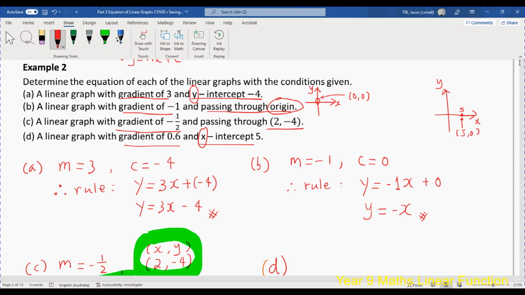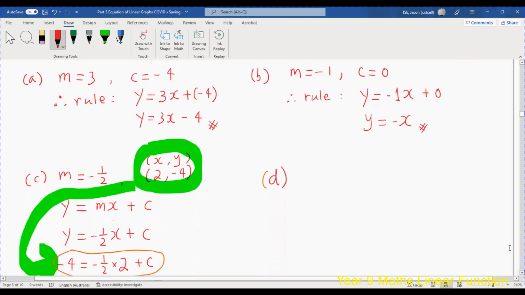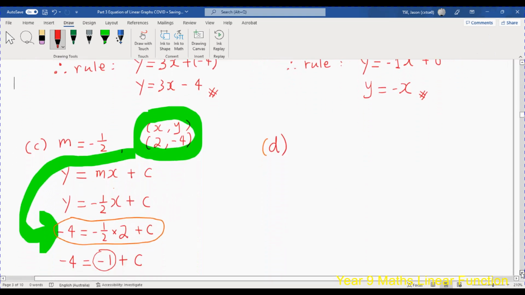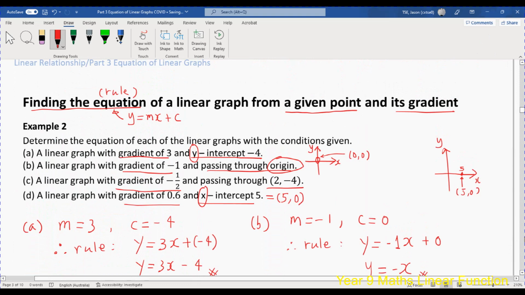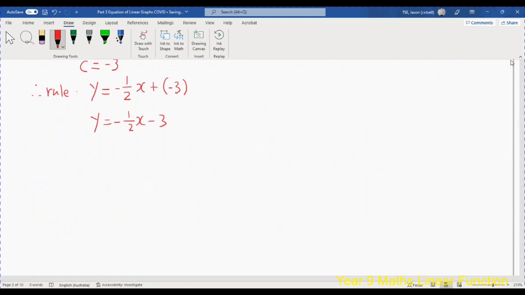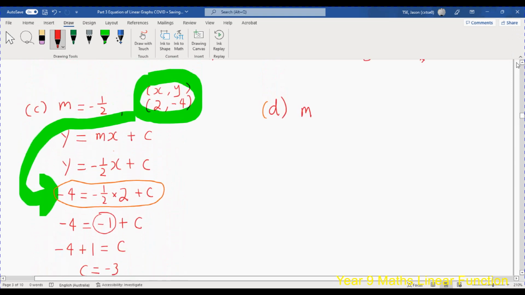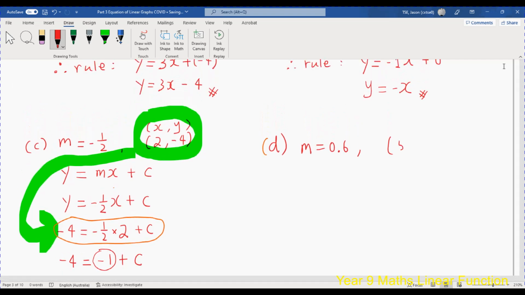So when they say x-intercept 5, that actually means (5, 0). 5 is the x coordinate, 0 is the y coordinate. So this question is a bit like the one we've just done, because you are given a gradient and another point. Let's write gradient equals 0.6 and our other coordinates, which should be (5, 0).